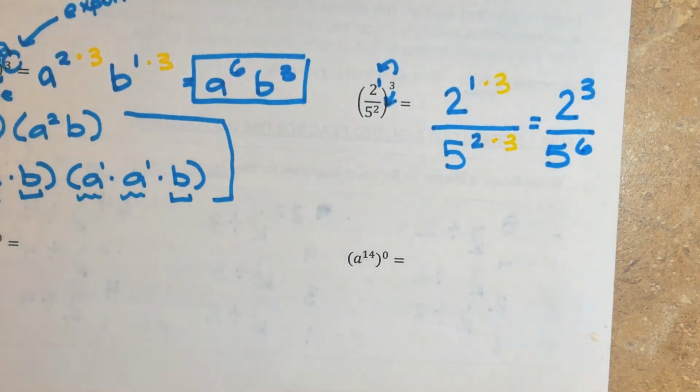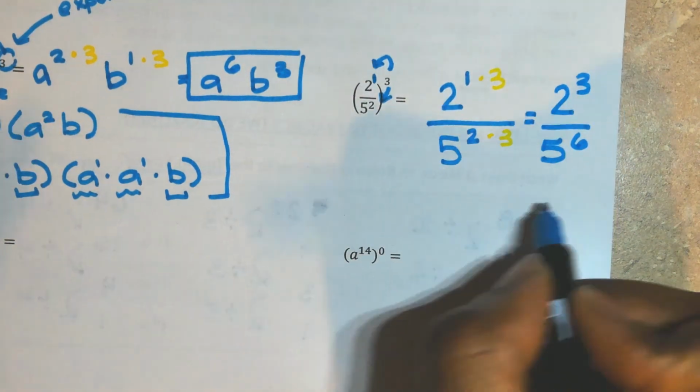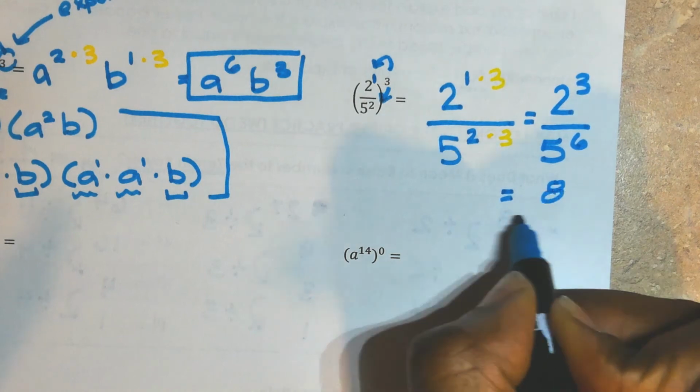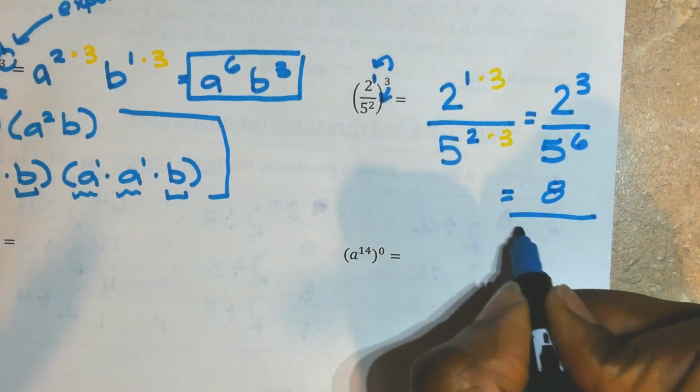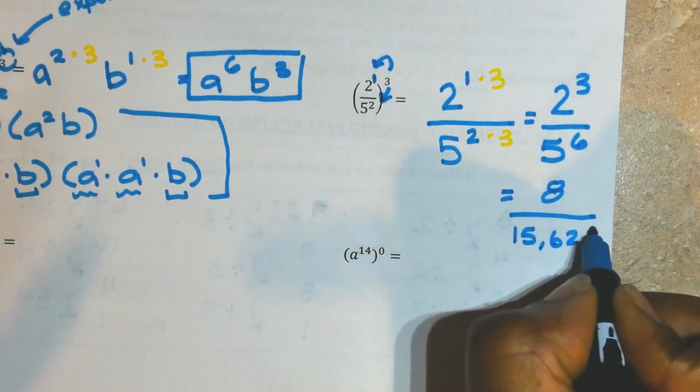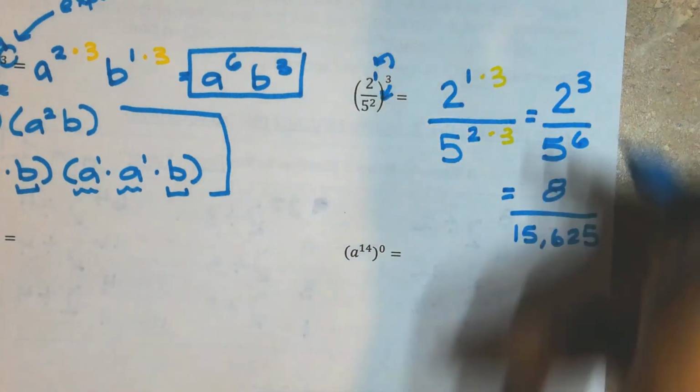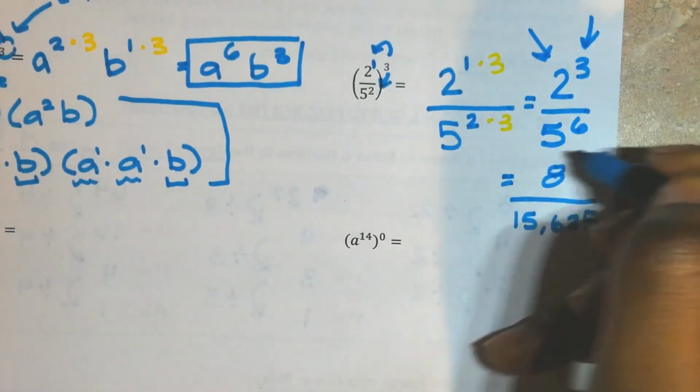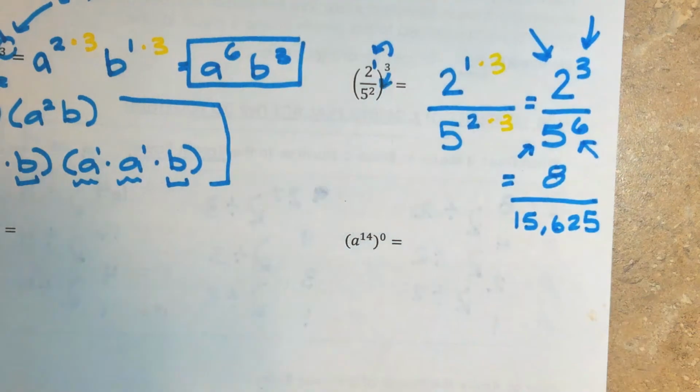Right? And if I wanted to simplify that further and give the value of the numerator and denominator, that would be 8 over 15,625. Alright, but I like this one better. They're both correct, but that's easier to read.